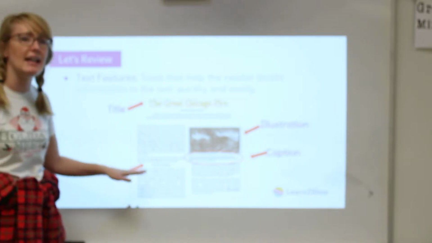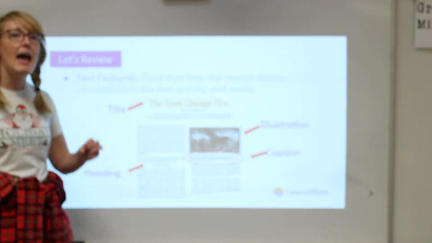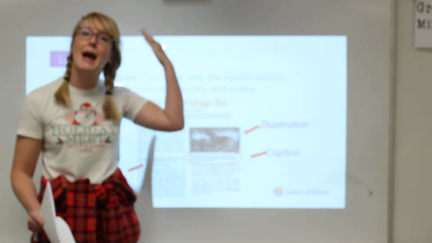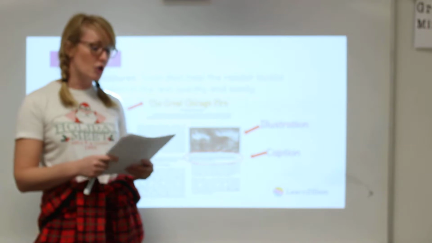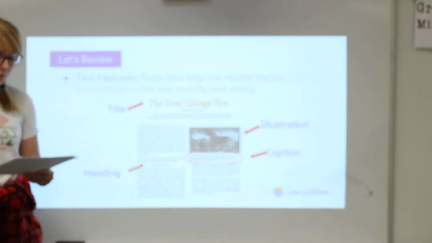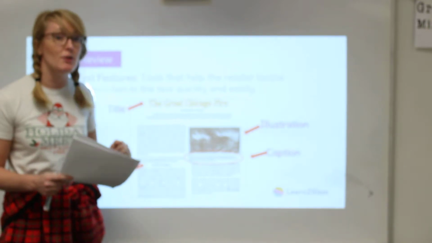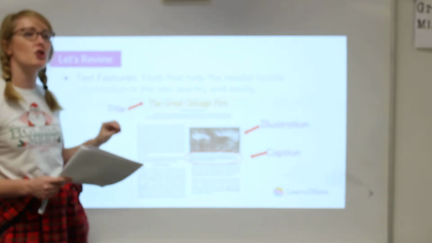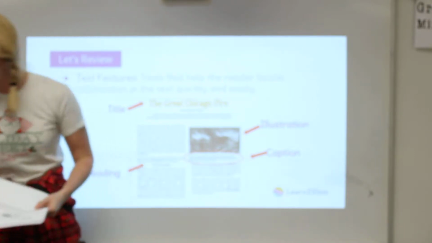And finally, the headings. Headings are huge clues to how to break down the information as you read through a larger text. So, once again, before we even jump into an informational text, we've got to make sure we are recognizing the tools that are provided for us.